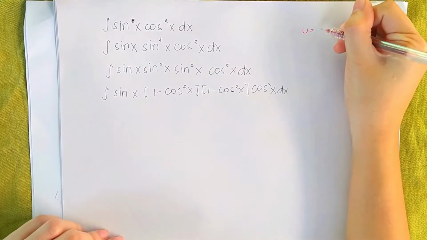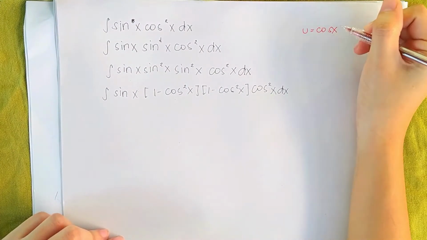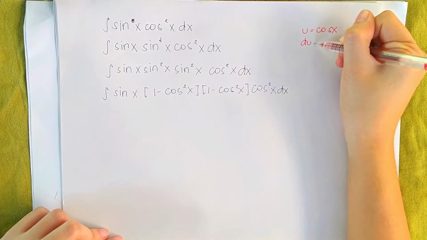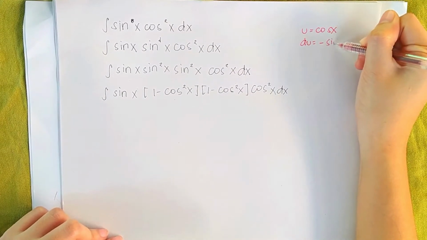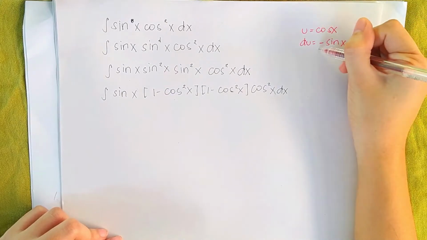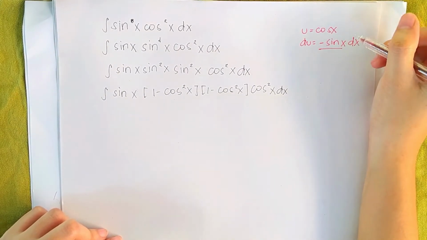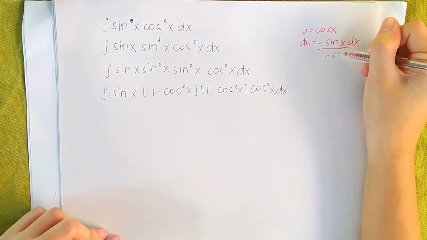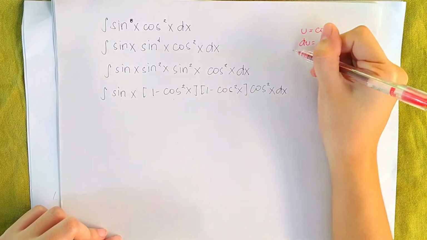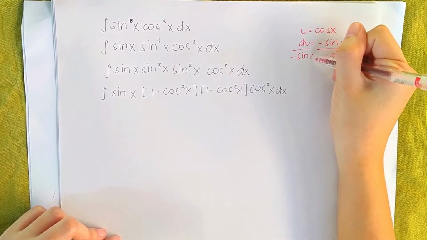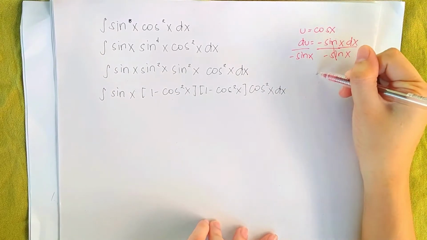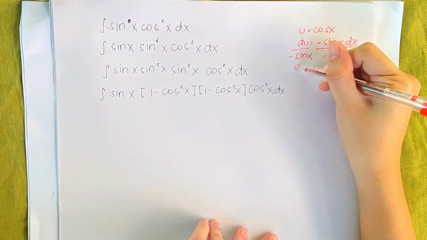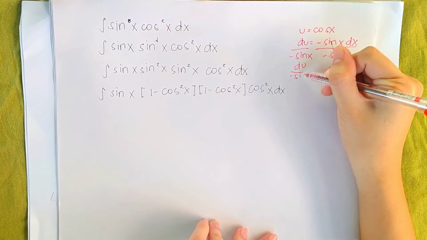So our u will be cosine x and du will be negative sine x dx. So divide both sides by negative sine x. So our dx will be du over negative sine x.